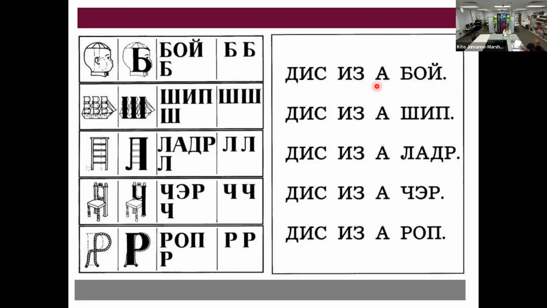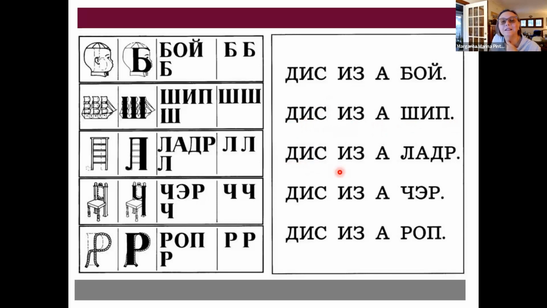This word in this exercise is not a. Let's read this together. This is a boy. Boy. Good. Now let's read this one. This is a ship. Ship. Good. Next line.